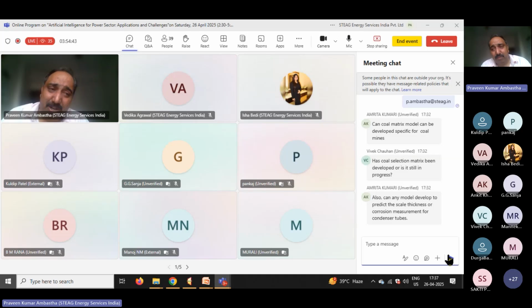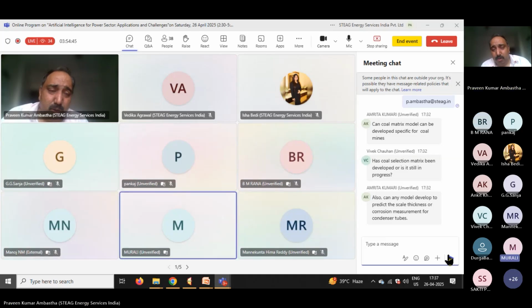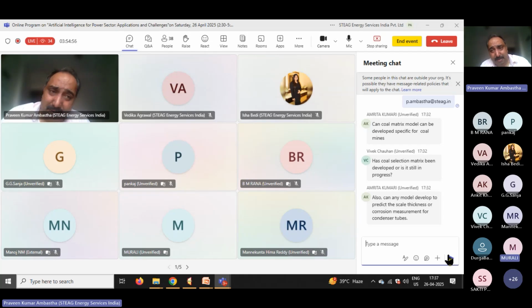You must have the gravimetric feeder. No, not that. I'm saying actual GCV measurement, because once we take the coal sample and give it to the chemist, it takes time. No, sir, we calculate thermodynamically. From our AI-based tool, from our neural model, we calculate the GCV of the coal, and that is very correct. Any hardware or anything will not work.